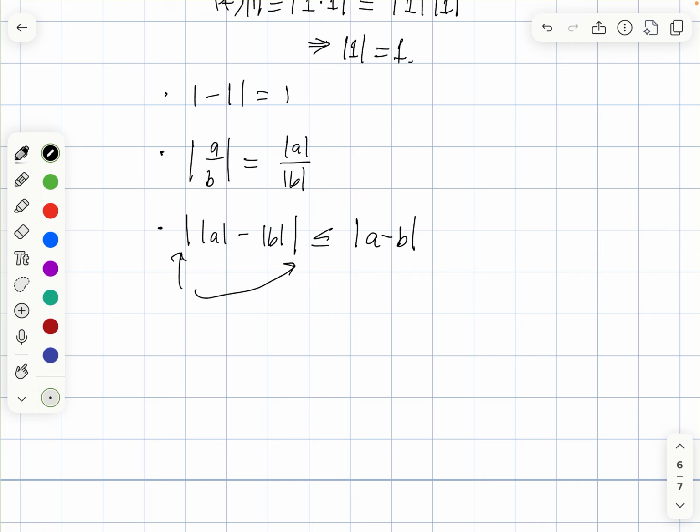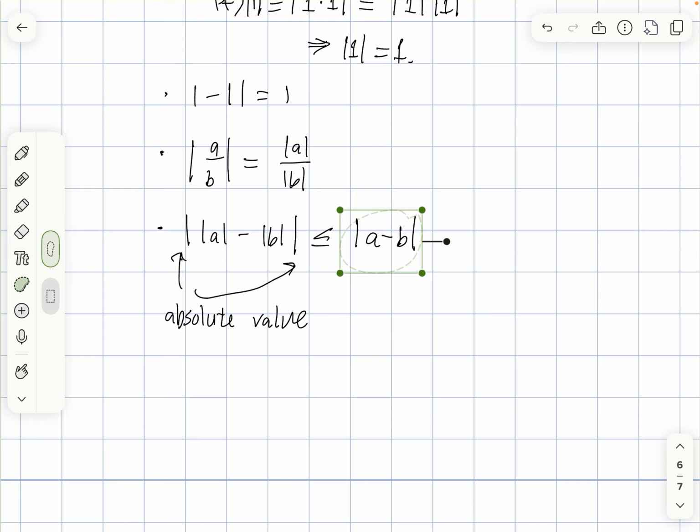This denotes the absolute value of a real number, because these are real numbers, whereas on the right, you're talking about the valuation on the field. Okay, so this last one would be a good exercise, but it basically follows from the definitions.